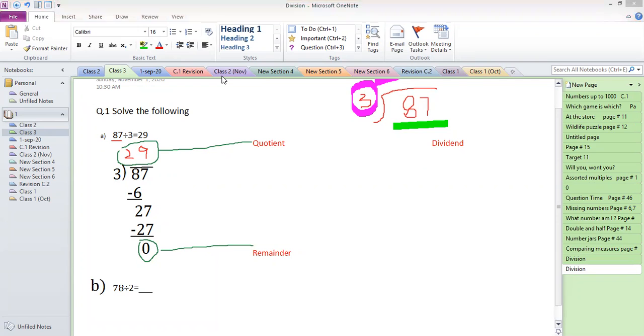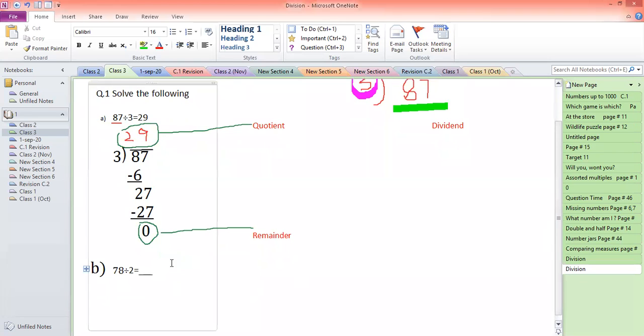In 78 divided by 2, what is the dividend here, guys? Tell me, what is the dividend here in 78 divided by 2? Write in the notebook. Solve it by yourself.